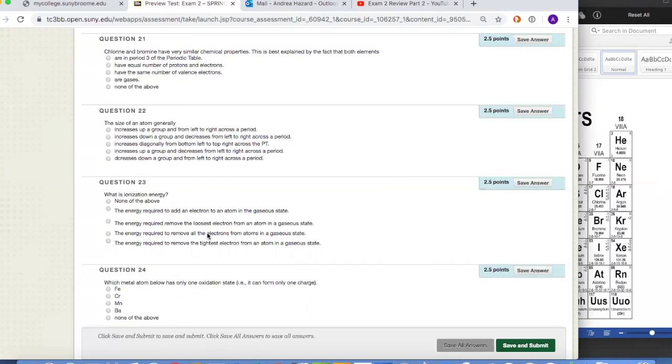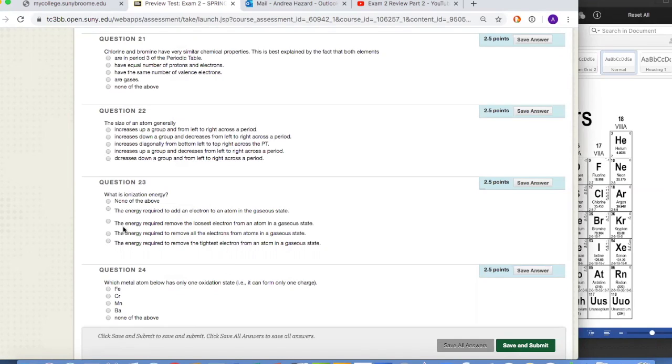What is ionization energy? It says none of the above, but it's actually none of the below would be the choice. But let's look at the choices and see which one is actually correct. It's the energy required to add an electron to an atom in a gaseous state. That is not true because that is what electronegativity is. The energy required to remove the loosest electron from an atom in gaseous state.